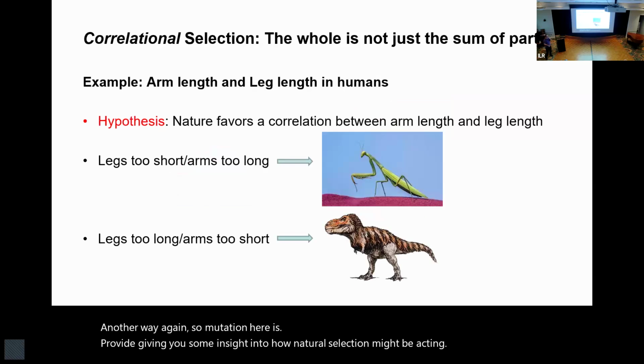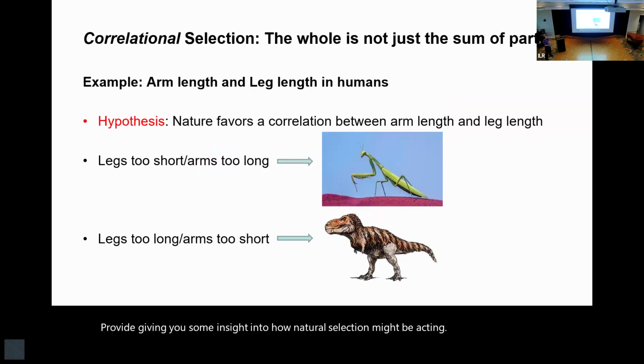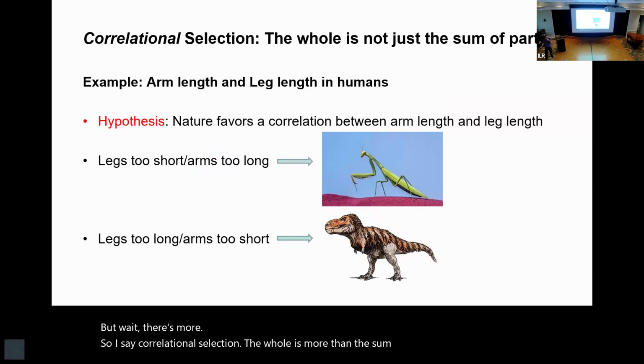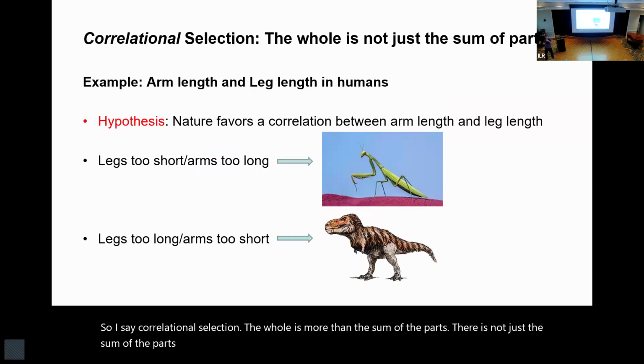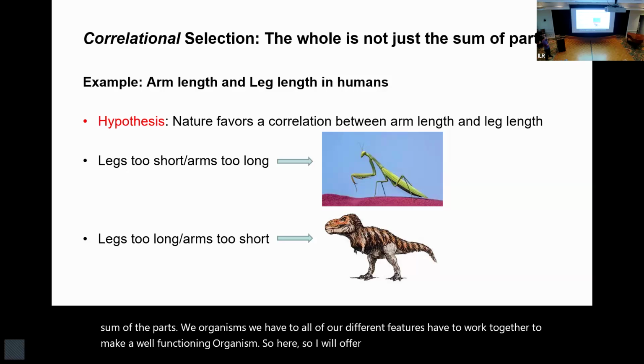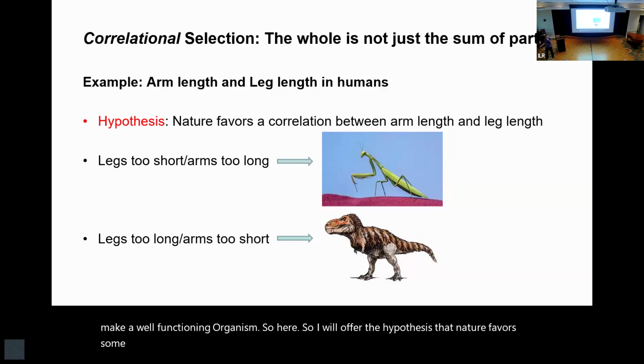Okay, but wait, there's more. Correlational selection: the whole is more than the sum of the parts. All of our different features have to work together to make a well-functioning organism. So I will offer the hypothesis that nature favors some correlation between arm length and leg length.